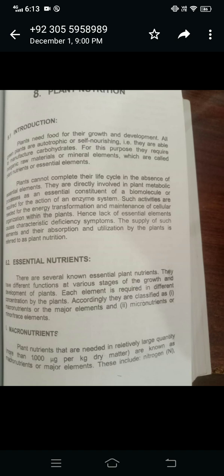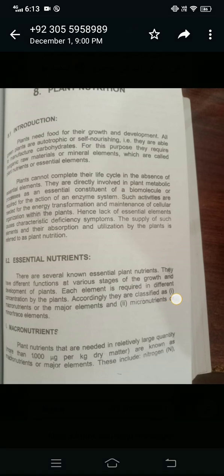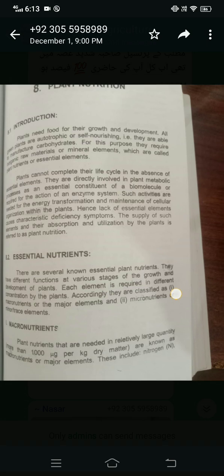Plants cannot complete their life cycle in the absence of essential elements. They are directly involved in plant metabolic processes, are an essential constituent of a biomolecule, or are required for the action of an enzyme system.